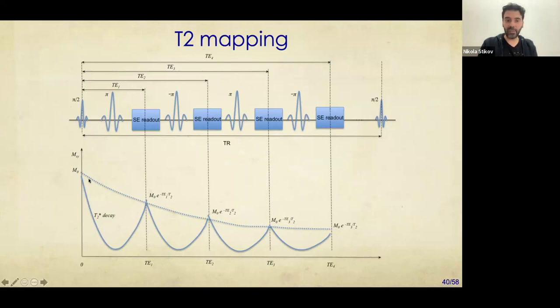Otherwise, you refocus, you use your pi pulses to reverse the dephasing, and then you get back here, and now you're able to only monitor the T2 decay and measure here. And then you excite again, things will go down with T2 star, you'll be able to recover them, and now you're here, and you're able to measure another point on the T2 decay curve. You measure a couple of those points, you fit an exponential, and you have a very good T2 map.